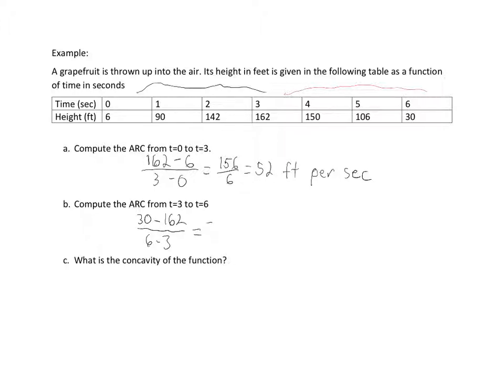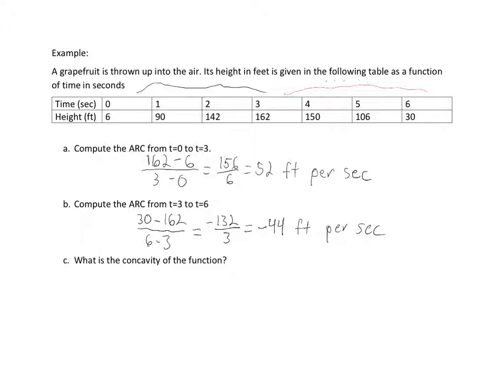That would give us negative 132 over 3, equals negative 44 feet per second. It makes sense that we get a negative slope here. Why? As we discussed in this red section up here, this is the time when the grapefruit is falling back down, so its height would be decreasing.